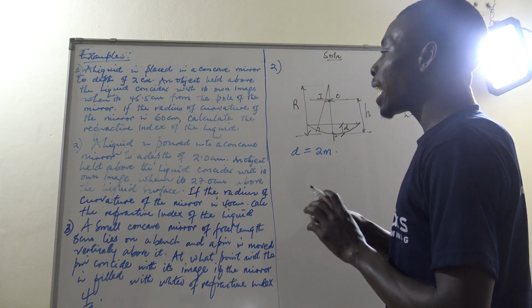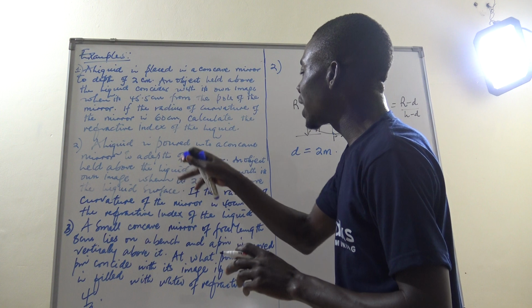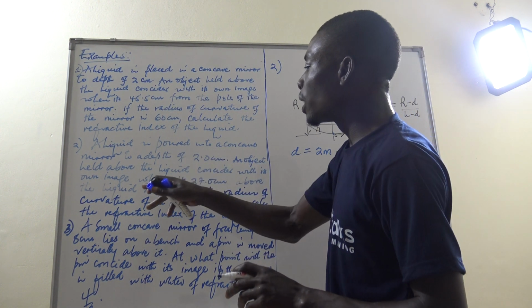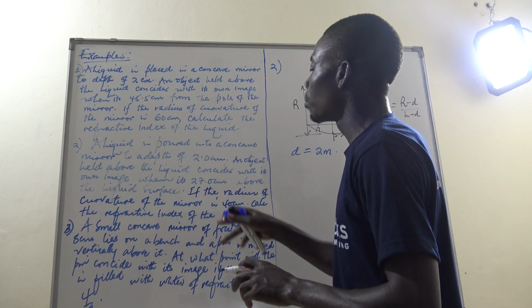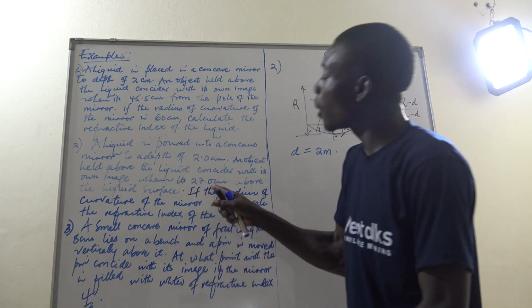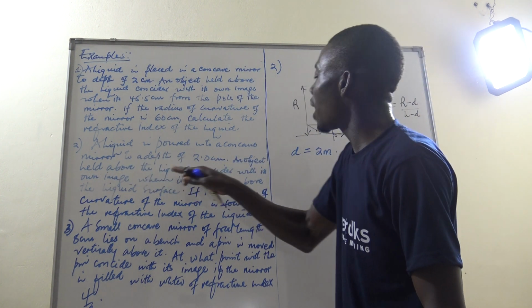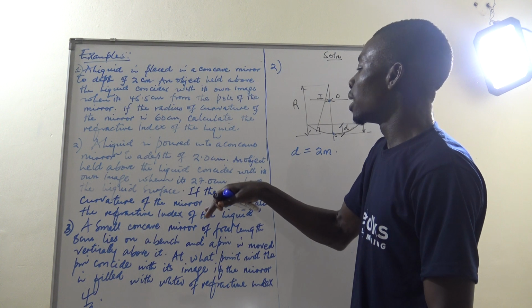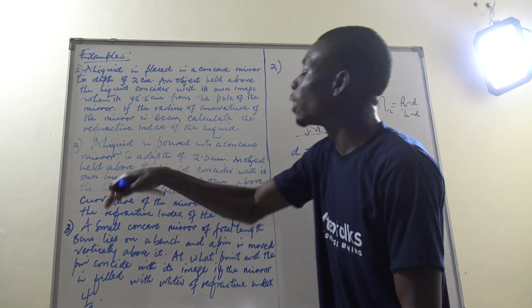Then they're saying that an object held above the liquid, considered when it coincides with its own image, is 27.0 centimeters above the liquid.